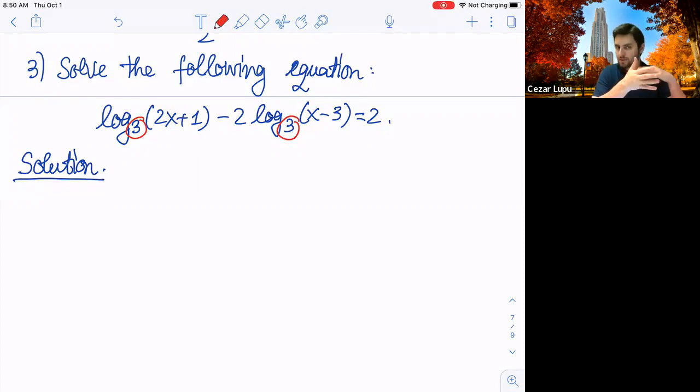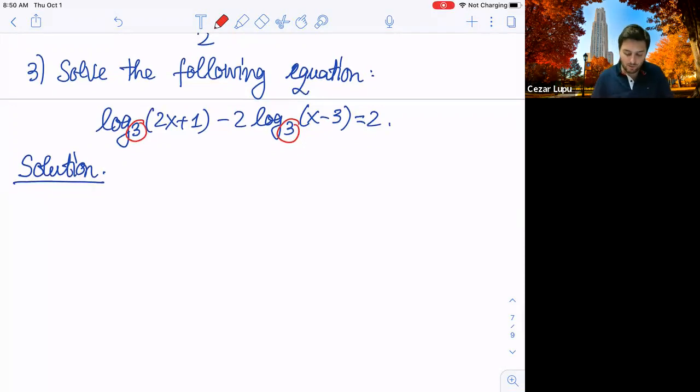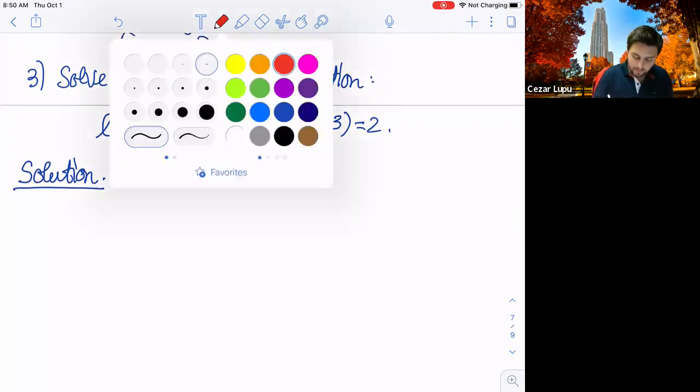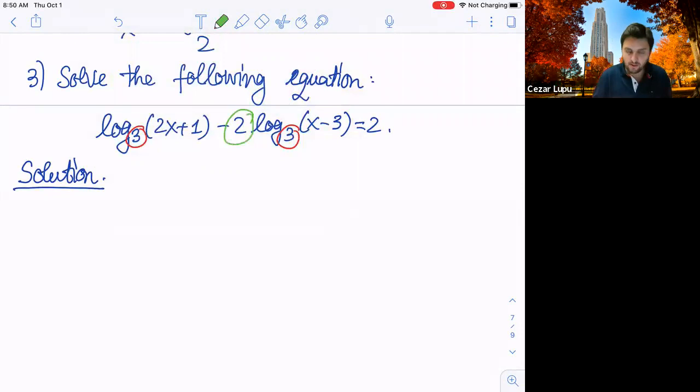You can add, you can subtract, right? So the product or the quotient rule. As you can see here, I have the difference between the two. So maybe I should apply the quotient rule. But there is a problem here. I have this guy too here that gives me a bit of a headache. Maybe I should do something about it.